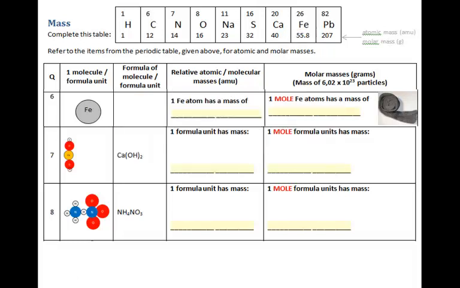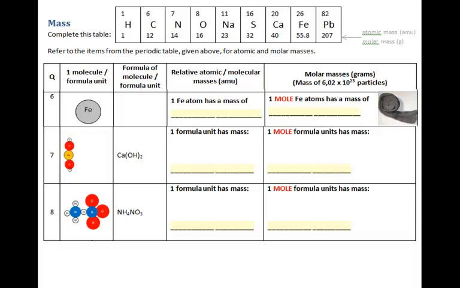Here we have 1 calcium hydroxide formula unit, Ca(OH)2. Notice what that means. We have 1 calcium there, and then we have 2 OH units. That's what that little 2 there means, outside of the brackets, and inside the brackets we have OH, meaning there are 2 OHs for every 1 calcium.